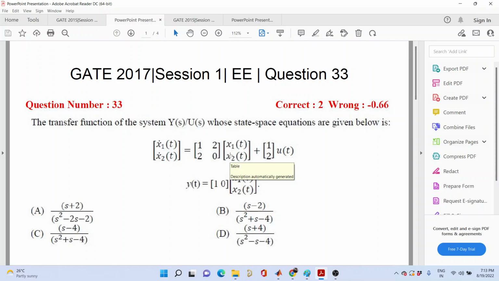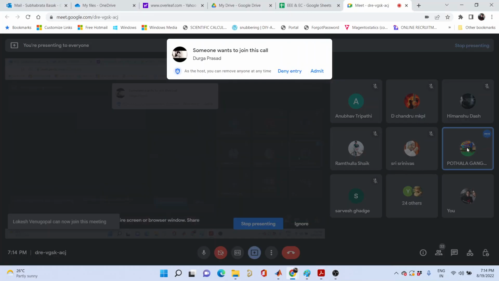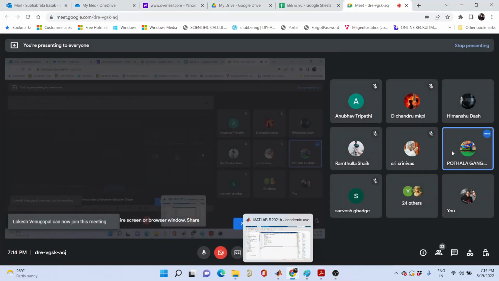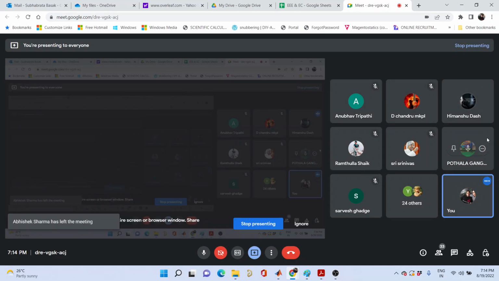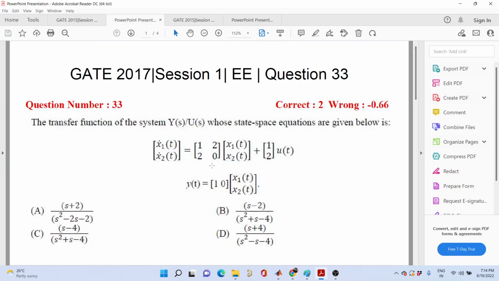Right. So if the determinant is minus 4, that means one of the eigenvalues must be negative and the other one must be positive, right? You're getting my point, right?